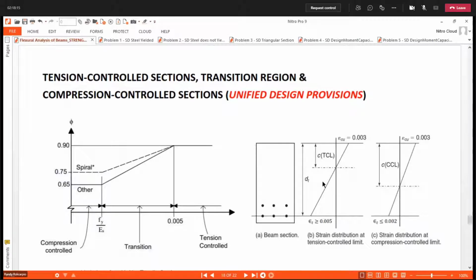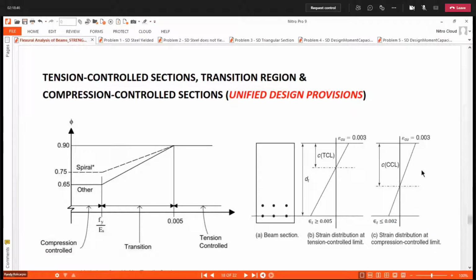Mas ductile siya. So mas ductile yung ating beam, because if you look at here, yung depth ng neutral axis natin mababaw. Ibig sabihin less compressive strength, less concrete ang kailangan mo. Okay, kapag tension controlled ka.